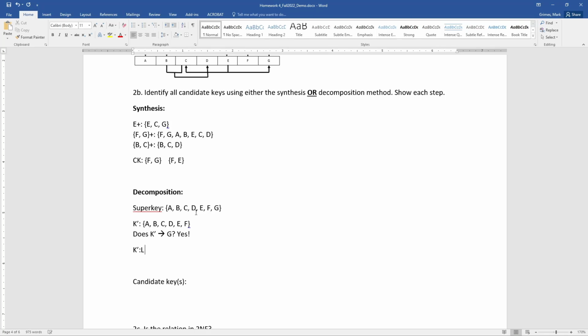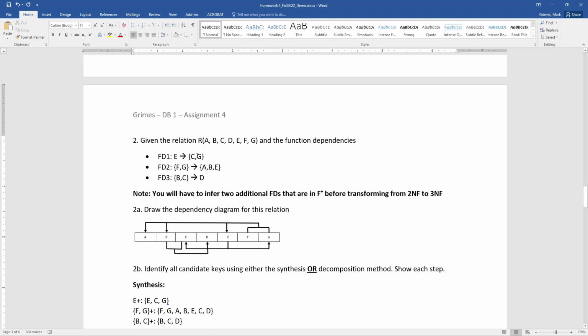Okay, so we'll take that out and we'll set K prime to be A, B, C, D, E, and ask the question, does K prime functionally determine the attribute we just removed, F? If we know A, B, C, D, E, can we determine F? And that does not appear to be the case.